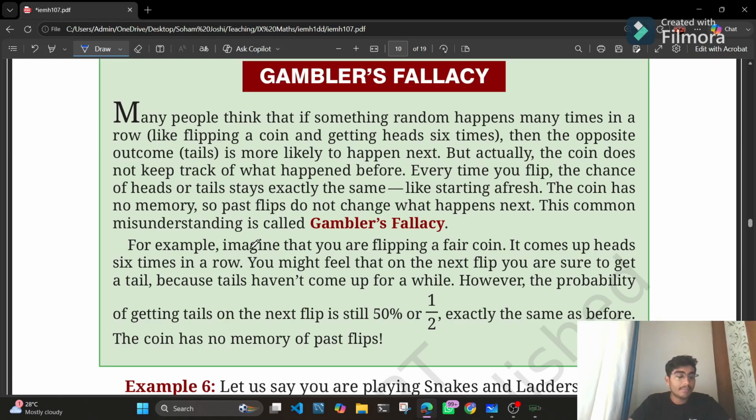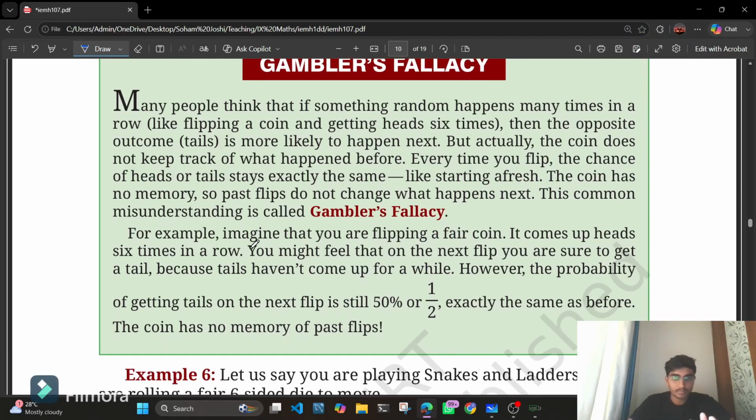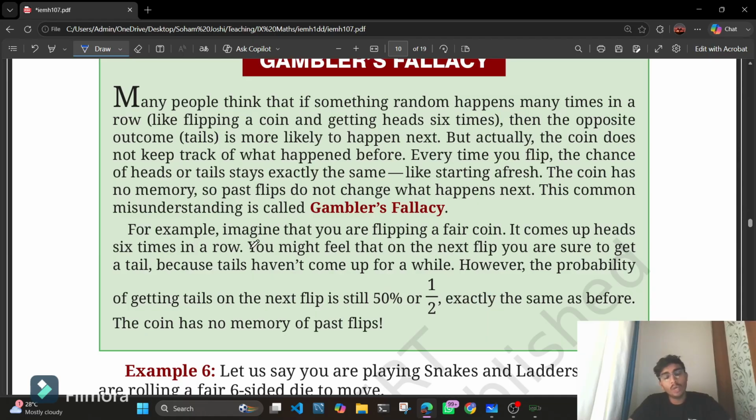It might happen that sometimes you get a six three times in a row. कि ओ मैंने six डाला six डाला, and you assume that okay, now for the fourth turn also I'll get a six, but that is your assumption and that is not what probability suggests. In terms of probability, it might happen that you have got three sixes in a row, but for the fourth time, will you get a six or not?